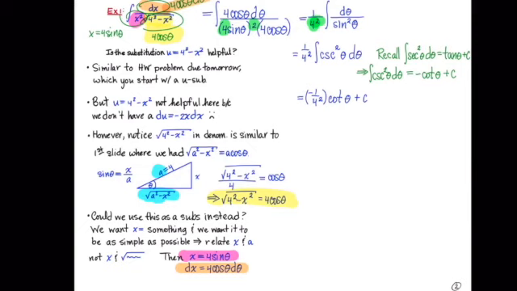Now, it might be tempting at this point, in order to get this back in terms of x, to solve for theta and just plunk it in there. I can put this in green because you should not do this. This is bad notation. You don't want to write this as negative 1 over 4 squared cotan, and if we solve for theta, then theta is arc sine of x over 4.